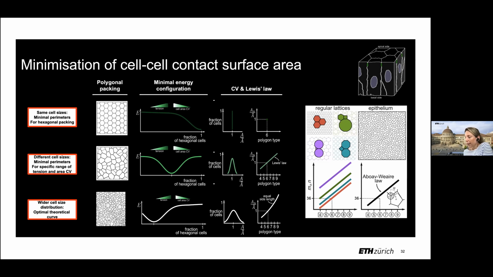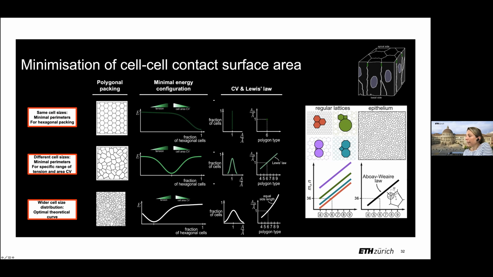Now, on the other hand, if you have these particular regular lattices where the areas and the relative areas of the cells are arranged in the appropriate way, then you can get perfect regular lattices, and they are not following Aboav-Weaire's law. However, if you have an epithelium with these mixed areas that are randomly distributed, then you're going to get Aboav-Weaire's law, with the most regular lattice that is minimizing the energy.